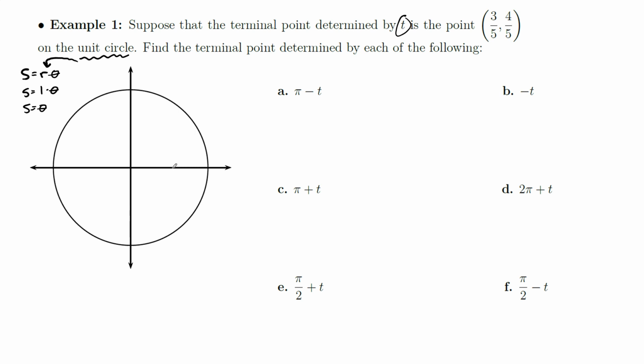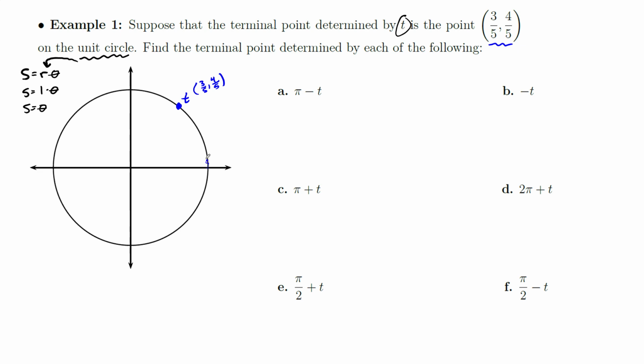Here's about half, and 3/5 is a little above half, so I'd put it right there. And let's follow it up, and that certainly looks like it's at a height of about 4/5. So this is where the terminal point for t is, and we know that that's the point 3/5, 4/5.